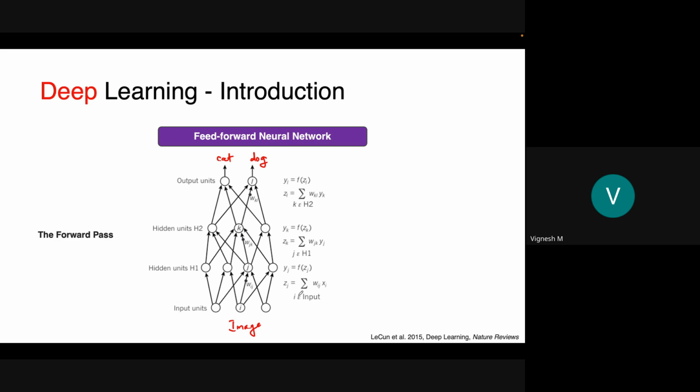So the forward pass is nothing but what you are doing is at every stage, you are combining your inputs with some weights and summing them up. And that's some node here. And then you are passing it through a nonlinearity, or a nonlinear activation function, f.